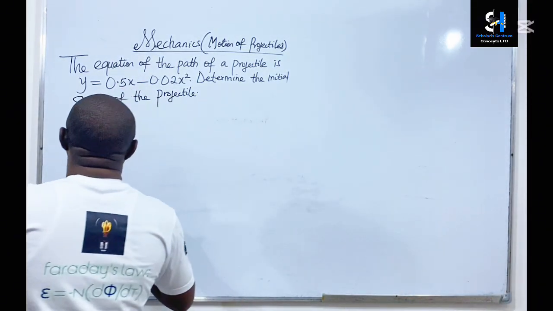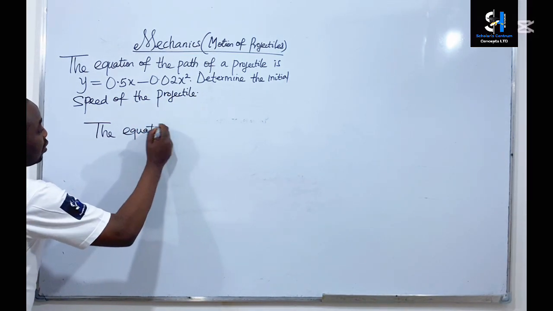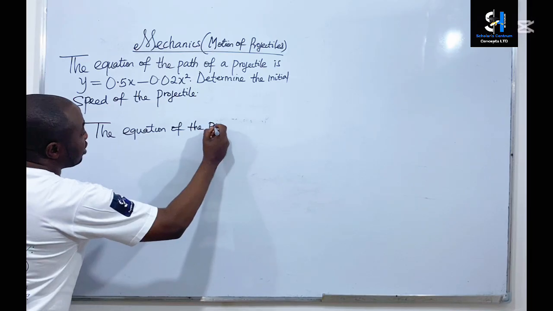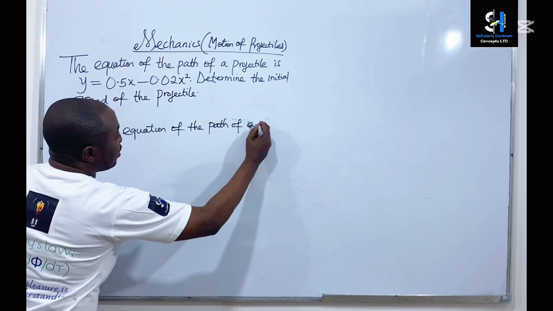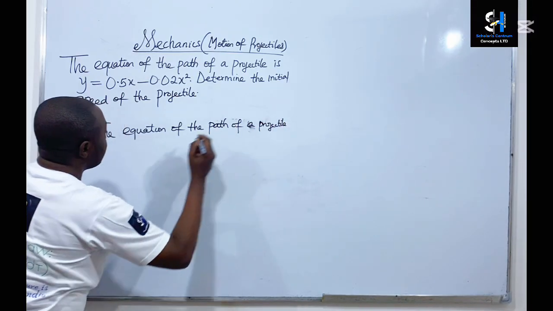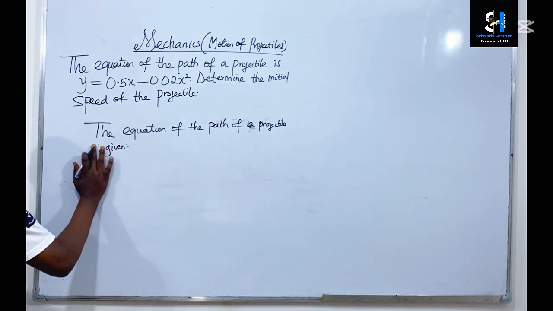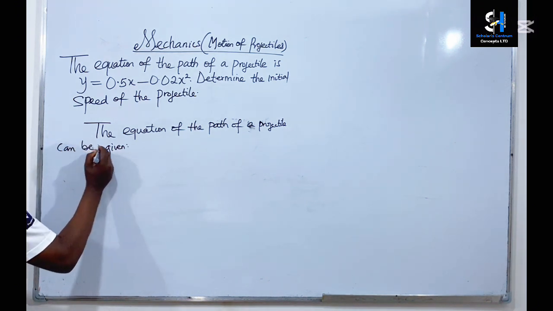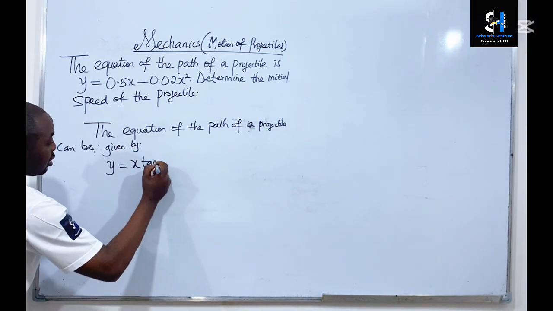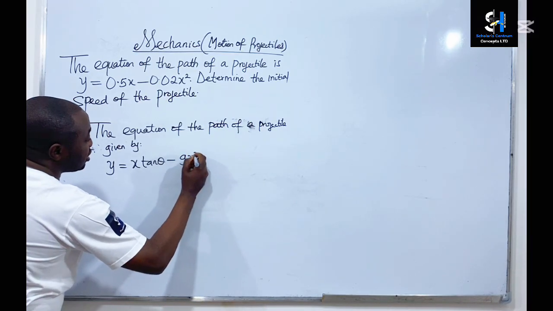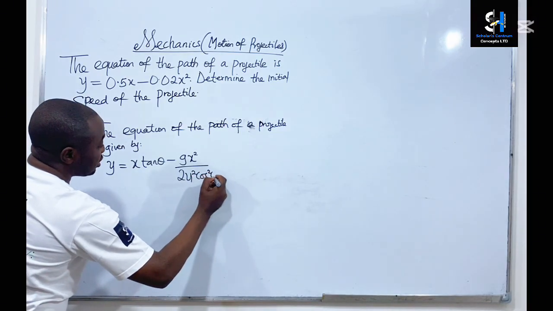The equation of the path of a projectile, the general equation, is given by y equals x tan theta minus g x squared over 2u squared cos squared theta.